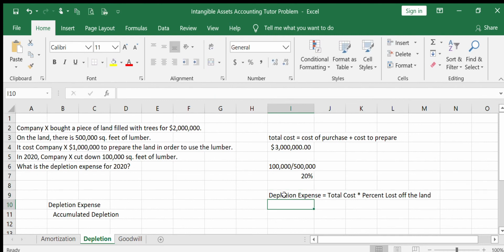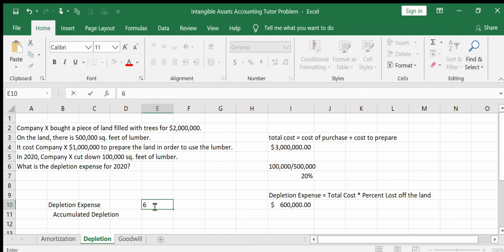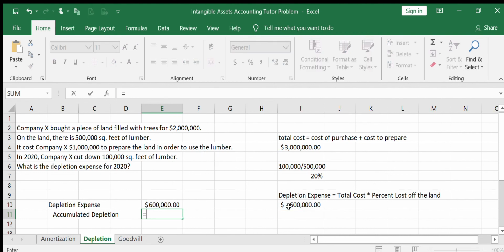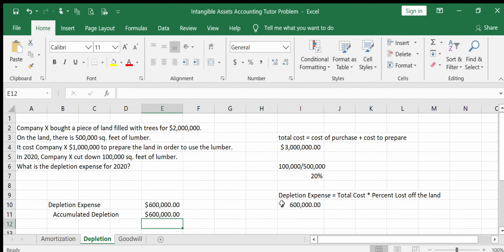So in this case, we have 3 million times 20%, and that'll give us our depletion expense for the year. So again, very similar to depreciation, we have to do depletion expense as our debit and accumulated depletion as our credit. This is talking about natural resources rather than a tangible asset like a piece of equipment, and that is why this is different.